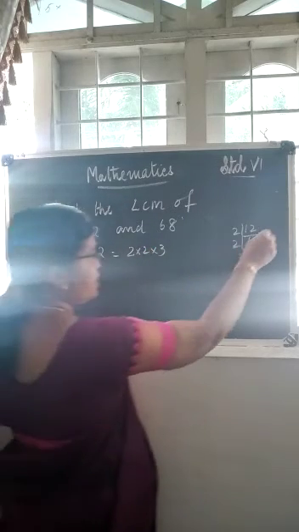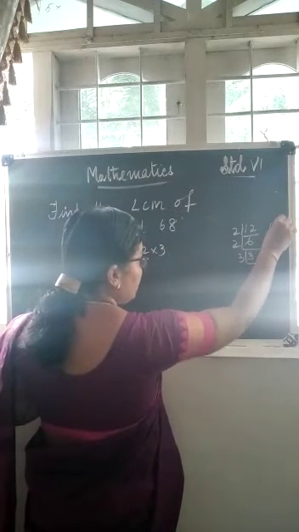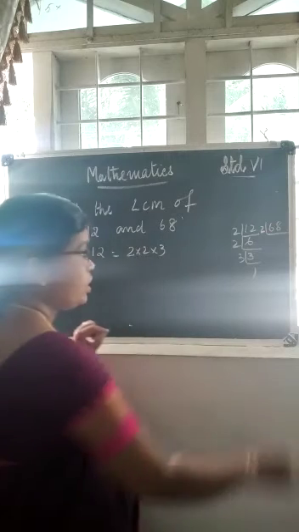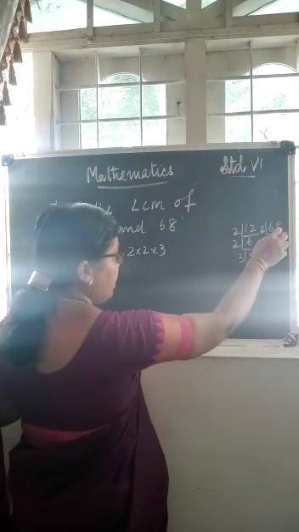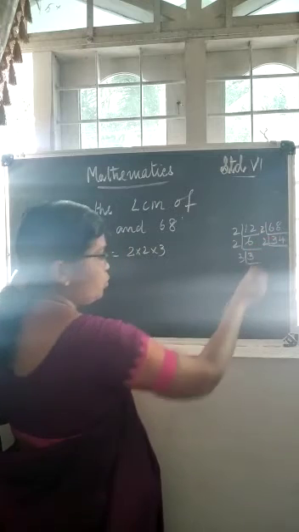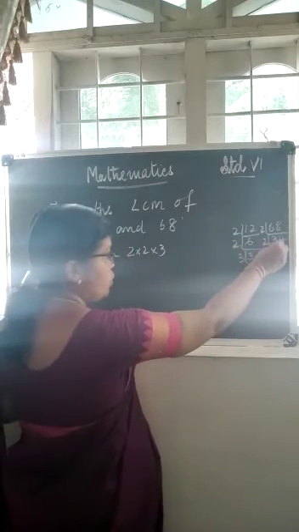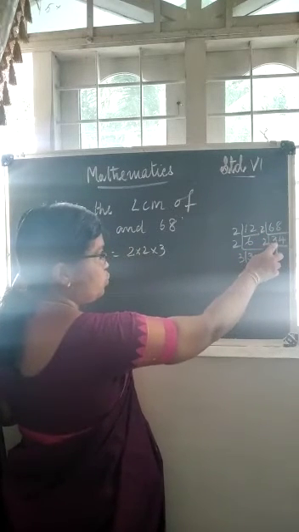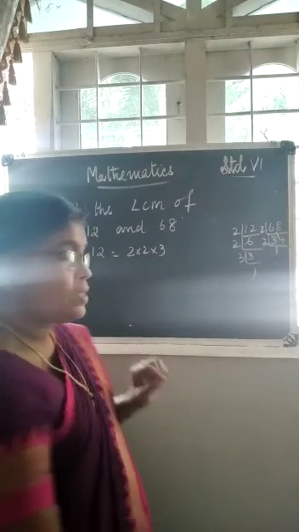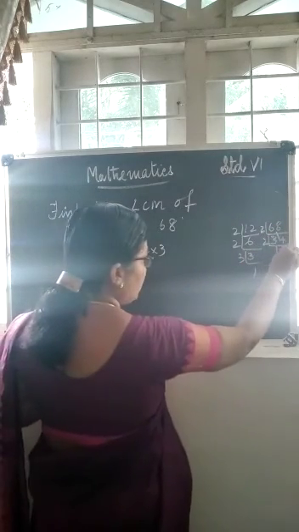Now let us write 68. 68, let us factorize by 2. In 6 how many 2's? 3 2's are 6. In 8 how many 2's? 4 2's are 8. Again we can divide it by 2. In 3 how many 2's? Only one time. 1 into 2 is 2. 3 minus 2 we get 1. Balance 14, how many times? 7 2's are 14. 7.